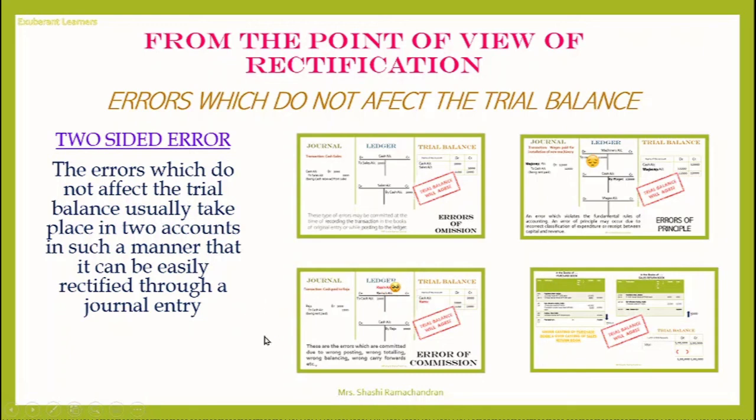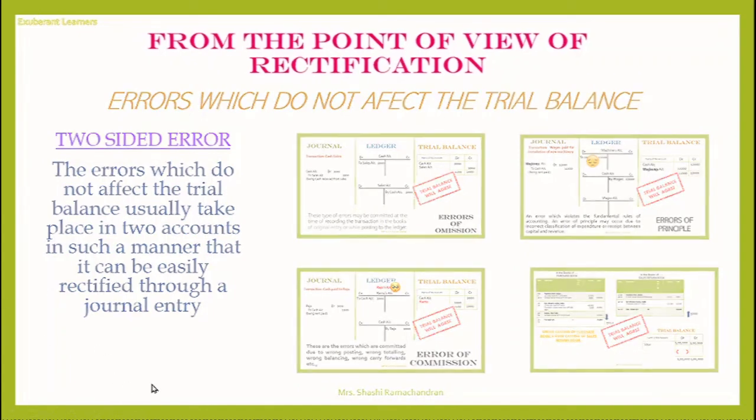Because there is a mistake or error in two different accounts. Therefore our trial balance agrees, one side on the debit, the other side on the credit. Now how do we rectify such errors? We have to pass a journal entry, because we have two accounts, and easily we can pass journal entries. For entries we need a debit side and a credit side to rectify them.